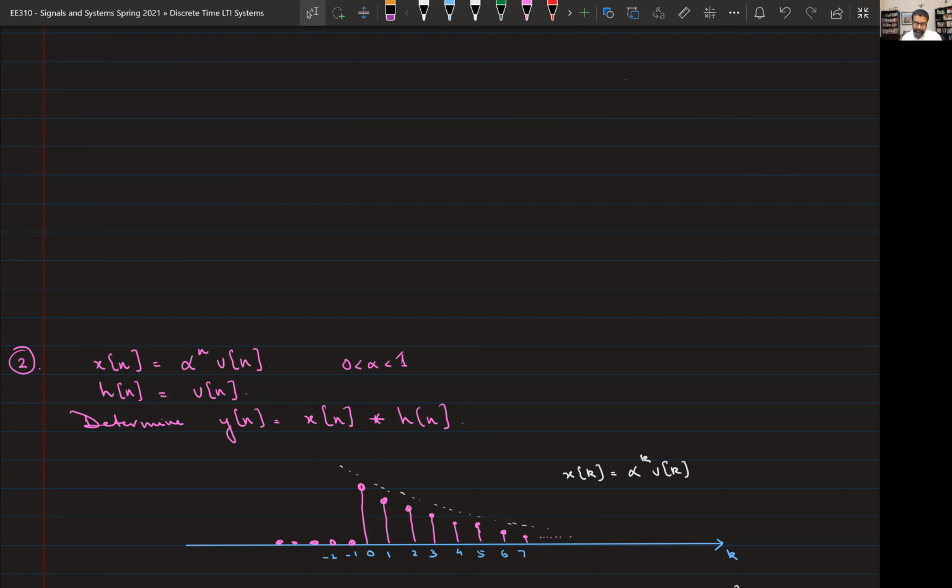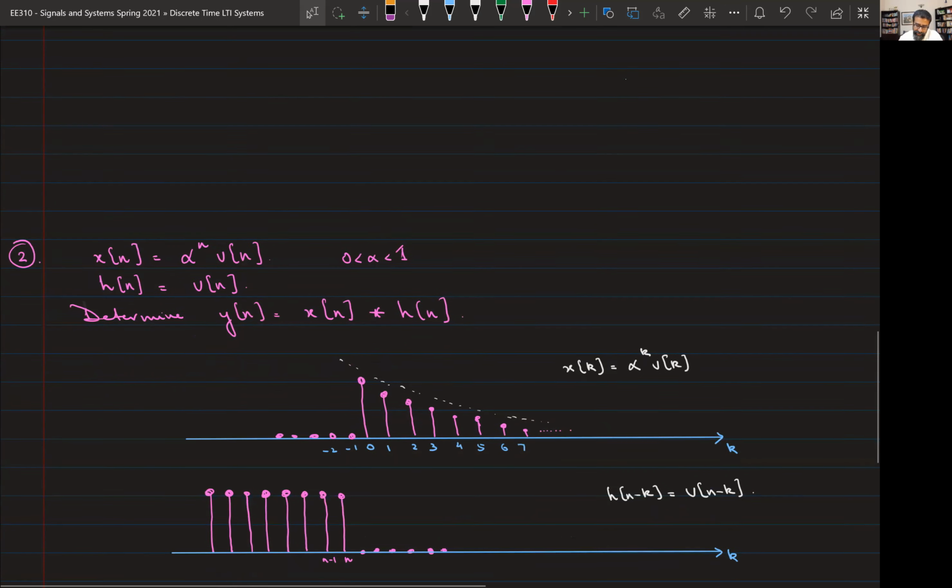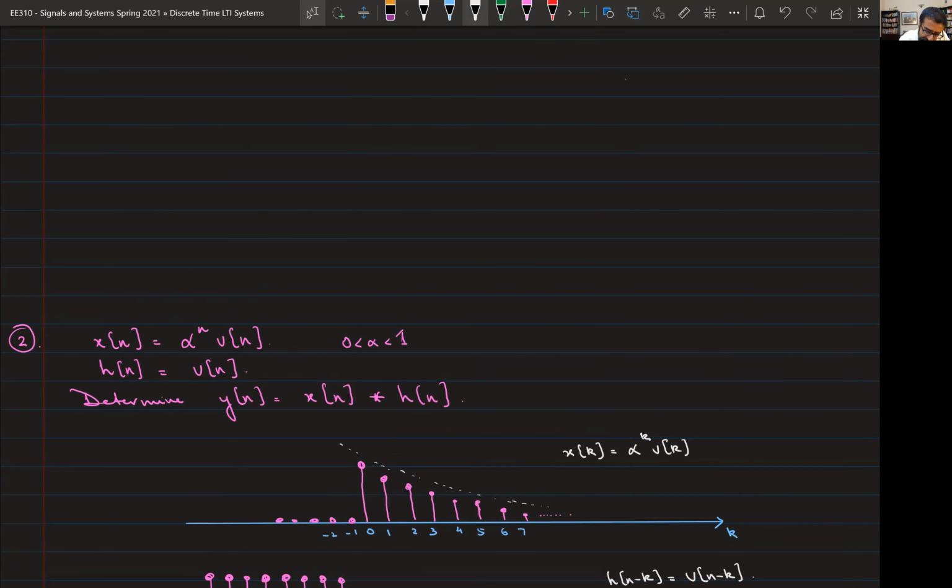Now, I will once again utilize the same flip and shift interpretation, according to which y of n is equal to this summation of x of k times h of n minus k, where k goes from minus infinity to plus infinity. Okay? So essentially, I'm interpreting x to be a function of k, with k as the independent variable, and then it is h that I flip and start shifting, right?